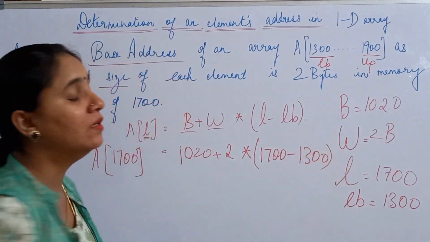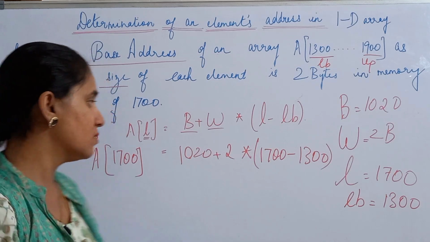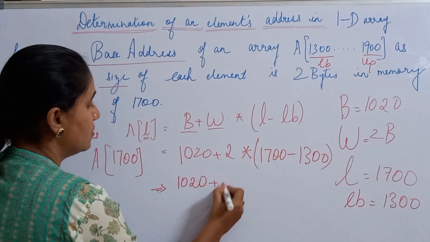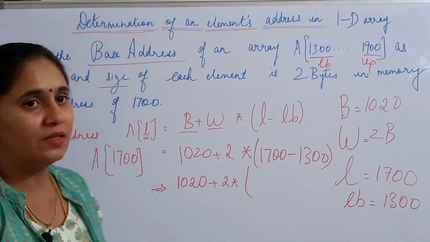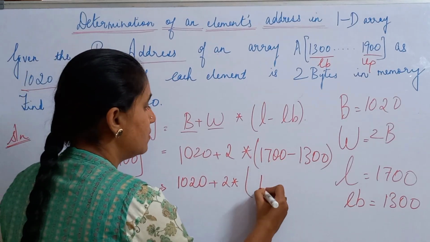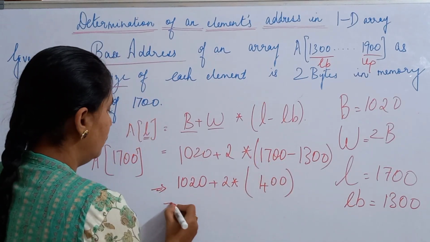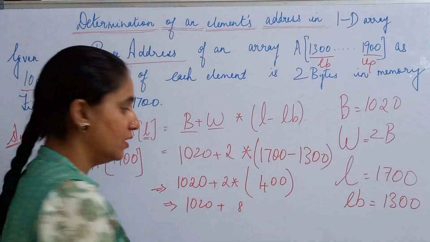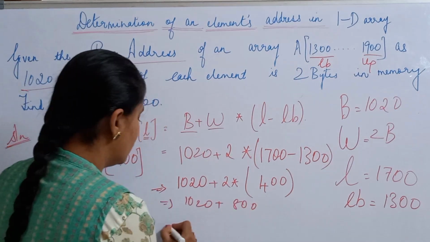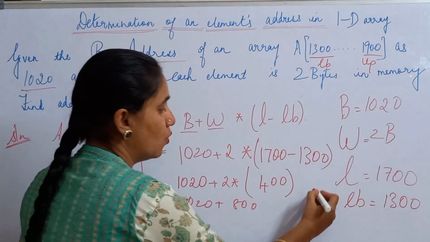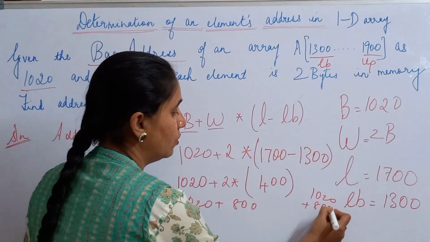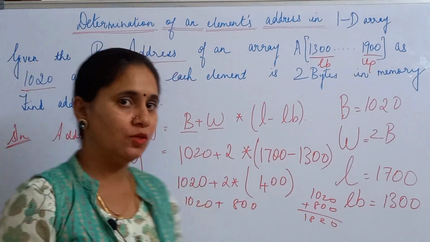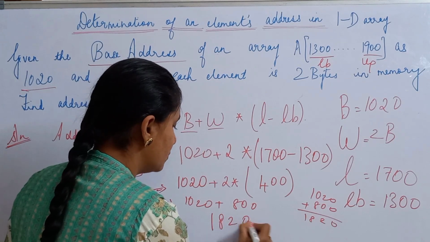Now you apply the mathematical way of solving these values. 1020 plus 2 into, 1700 minus 1300, which gives 400. Now simplify: 1020 plus 2 into 400, which is 800. Now add these two values: 1020 plus 800 gives 1820.